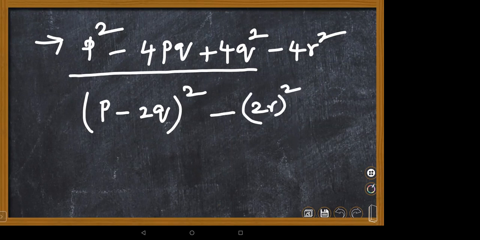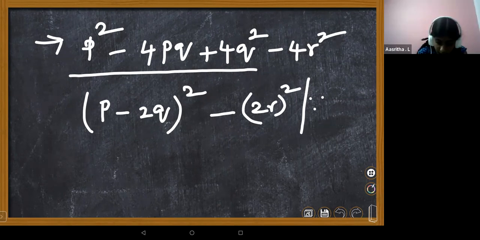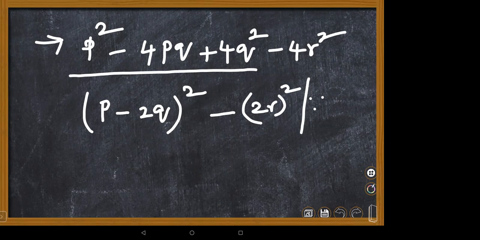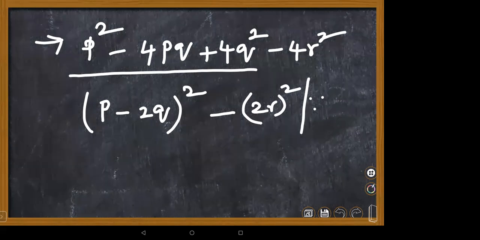So this can be written, which identity can we use over here? Ma'am, a square minus b square. A square minus b square, here p minus 2q whole square. Yeah, very good children.